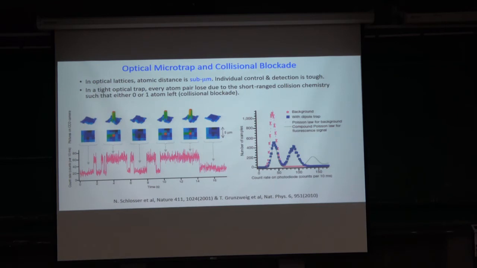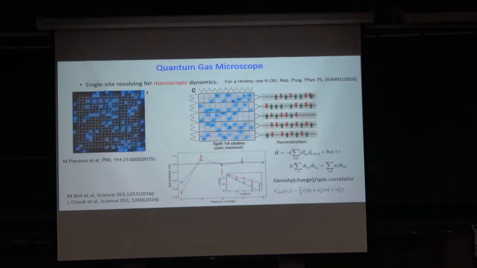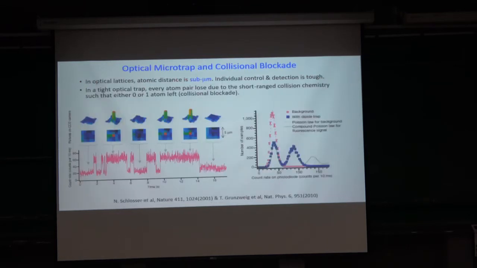And however, in this kind of experiment, because people use optical lattice, the atomic distance is sub-micro distance, around 0.3, 0.4 micrometer, which are still very difficult to individually control and detect, although it's possible. So there is always a desire to go from bottom-up approach.